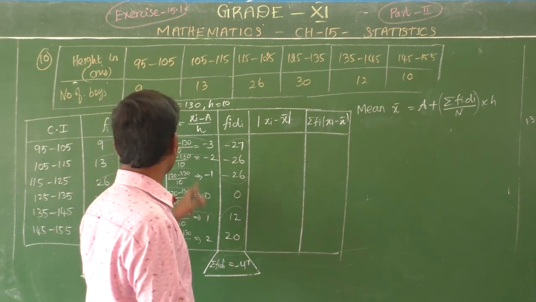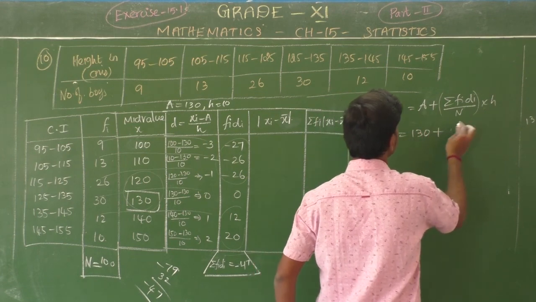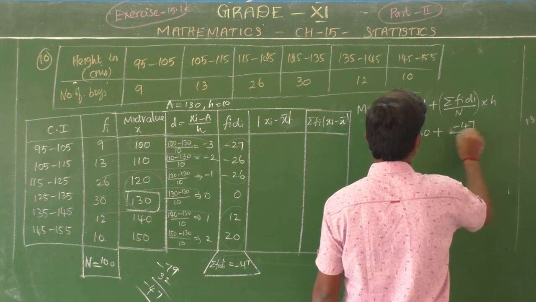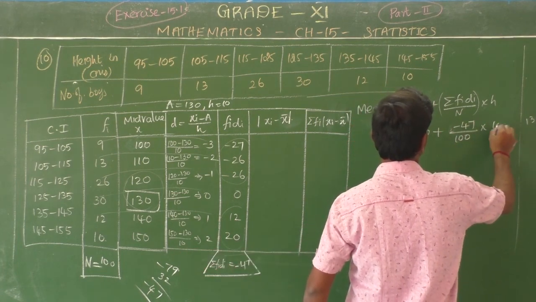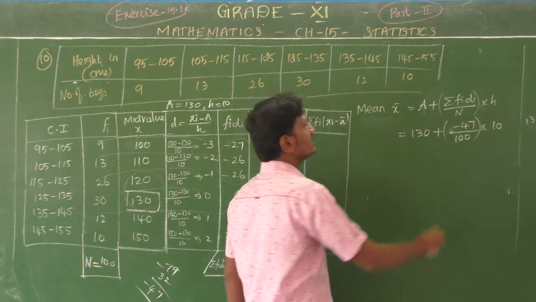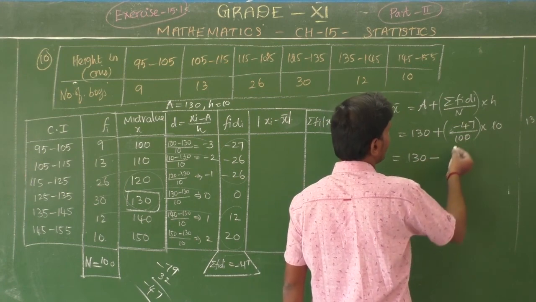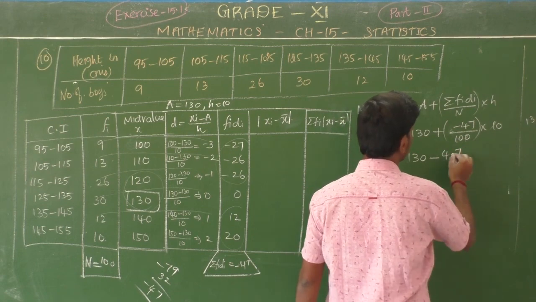Now what is your value of A? That is 130. So 130 plus summation fi di, which is minus 47, divided by n, which is 100, and h is 10. It is very simple work. The zeros cancel, so 130 minus 47 by 10, that is 4.7.